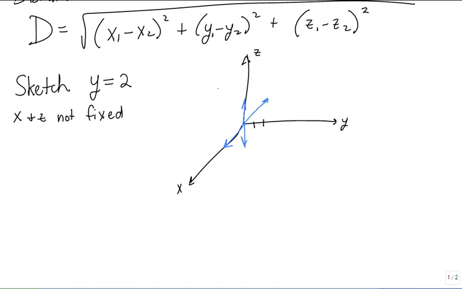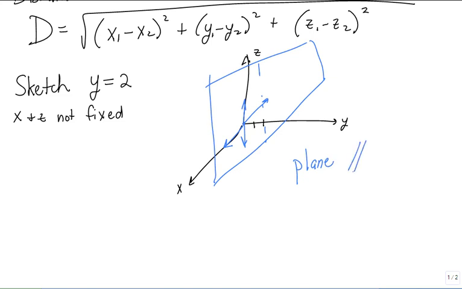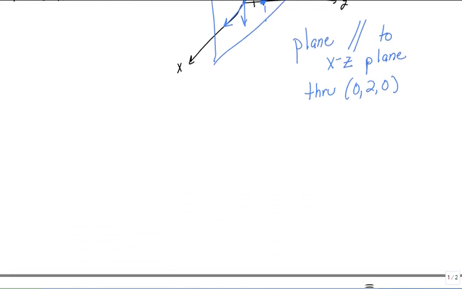So what we have is a plane through y equals 2. So we have a plane parallel to the x, z plane. And it's going through the point 0, 2, 0, which is right here. So it's kind of hard to draw, but we can get an idea of what that is.